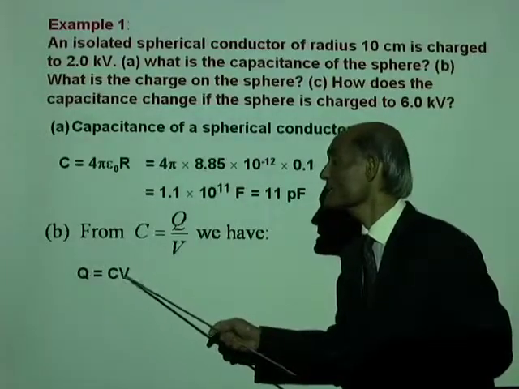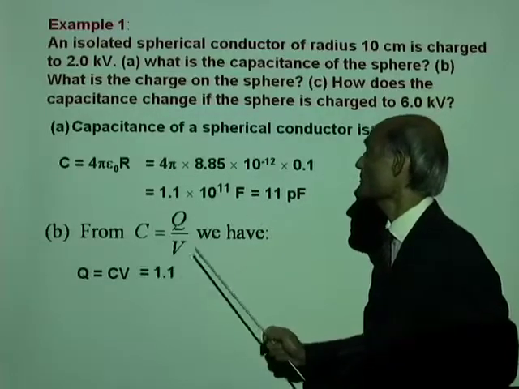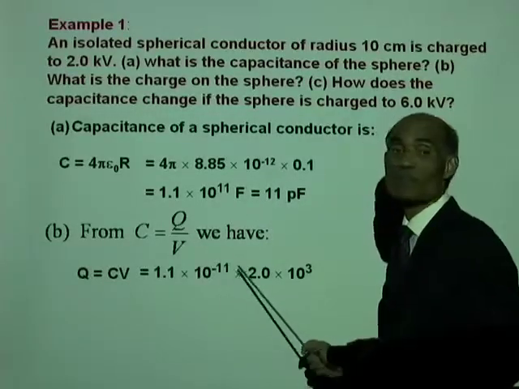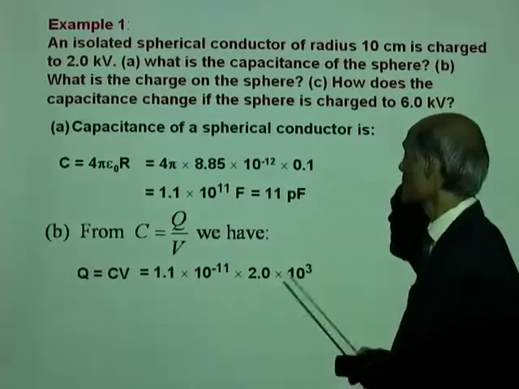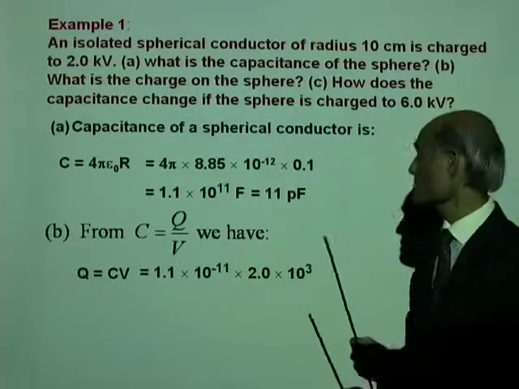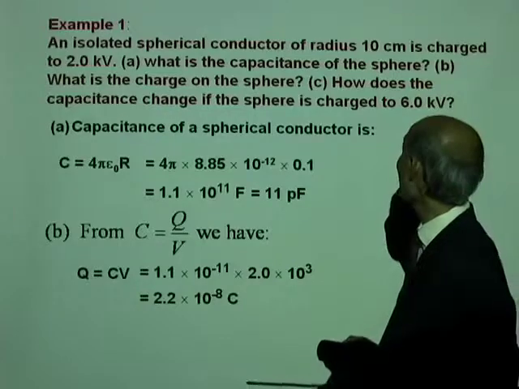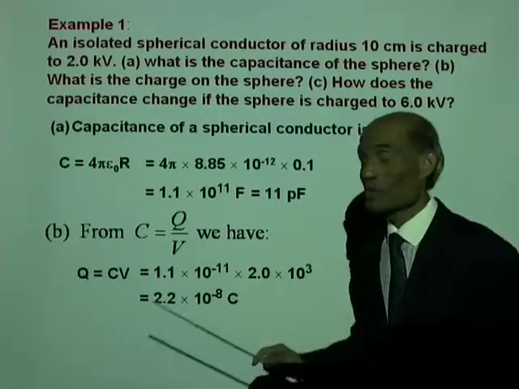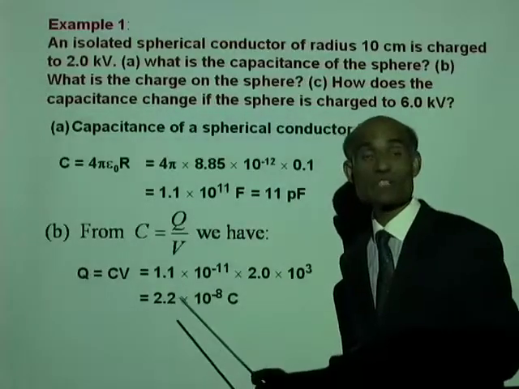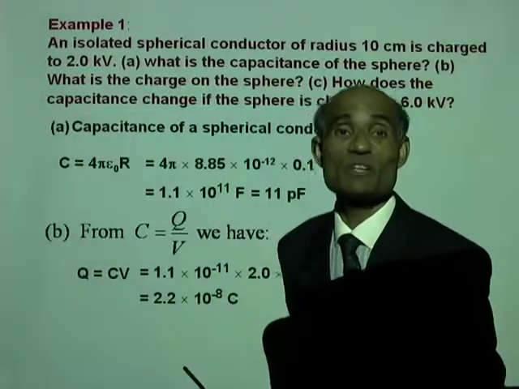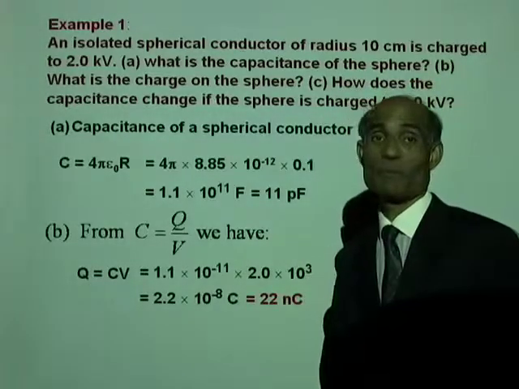Q equals C times V, where C is 1.1 times 10 to the negative 11 farad and V is 2 kilovolt, 2 times 10 to the power of 3 volts, and that will be 2.2 times 10 to the negative 8 coulomb. The amount of charge on that spherical conductor is 2.2 times 10 to the negative 8 coulomb. That is 22 nanocoulomb.